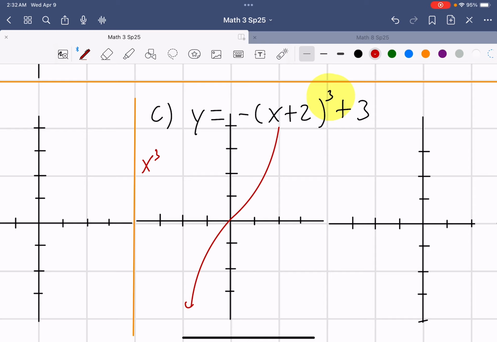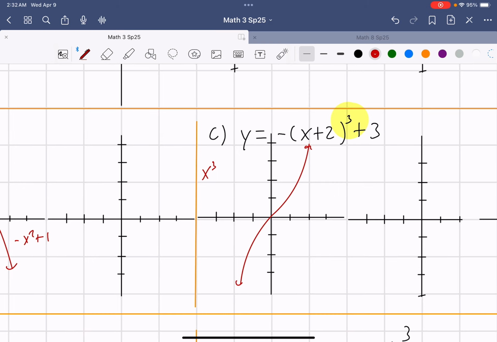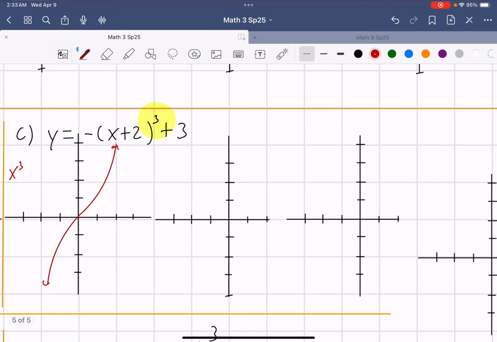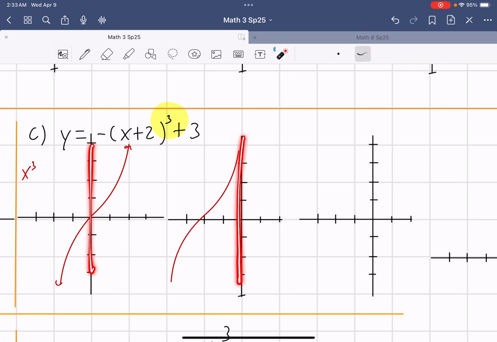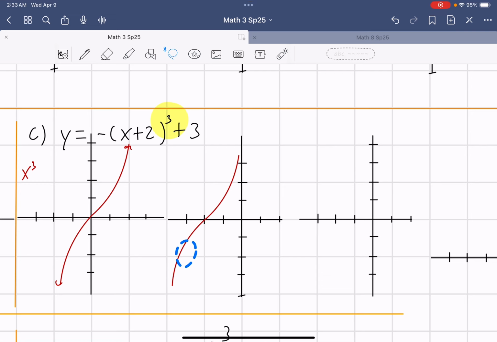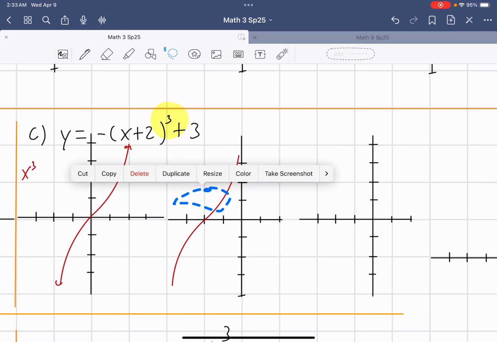That's the original cube. That plus 2 is actually going to move it to the left by 2. And that moves to the left. Hopefully you recognize this is the y-axis. It actually moved 2 to the left. And then the negative, copy.